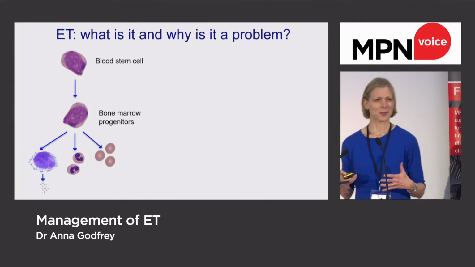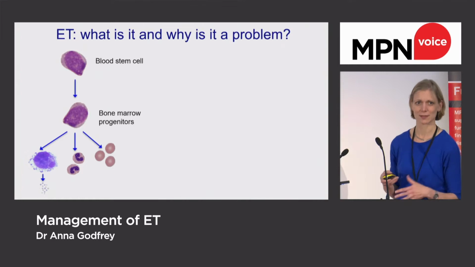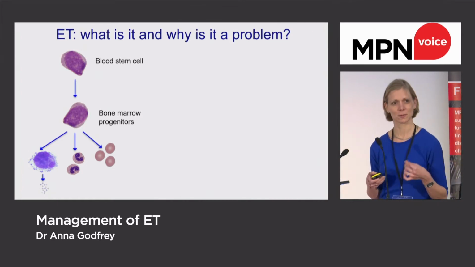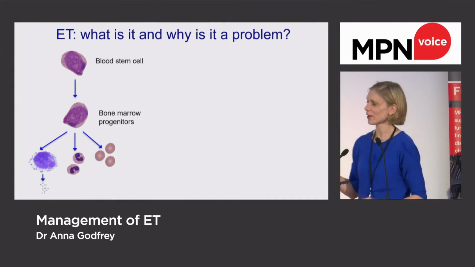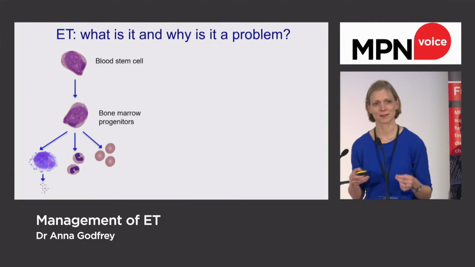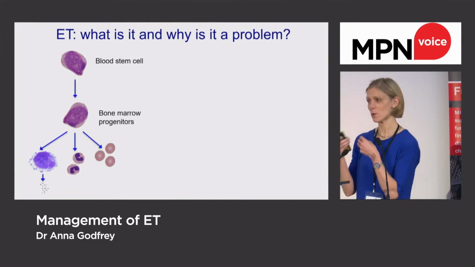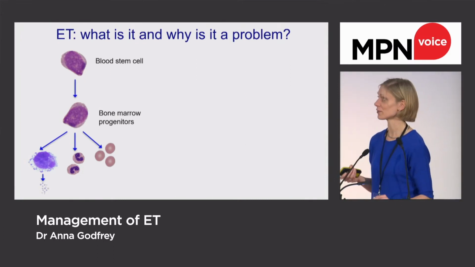So fine, that's what happens, but why does it happen? All of your blood cells are produced in your bone marrow ultimately by a small number of cells that are called blood stem cells. This is a very small population within your bone marrow, and the important thing about blood stem cells is they can do 2 things. They can renew themselves, so they can go on to make more blood stem cells, which is very important because you need to be able to produce blood all the way through your lifetime.